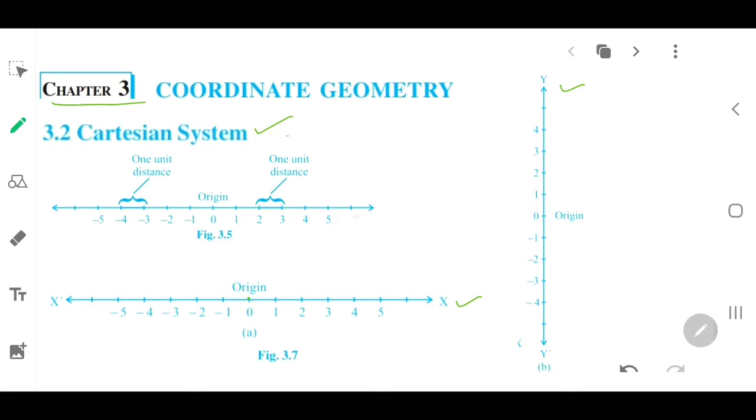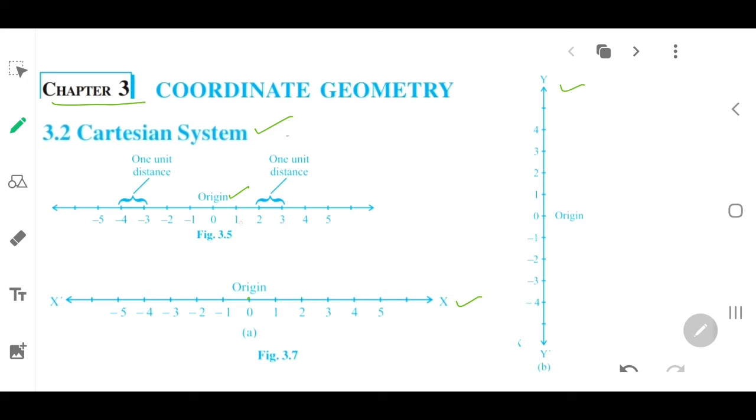Some basic things that you have already learned about the number line in number systems, correct? In a number line you will find there is a point 0, and that 0 we call the origin. On the right hand side of 0 you will find positive numbers, and all the values are at equal distance.